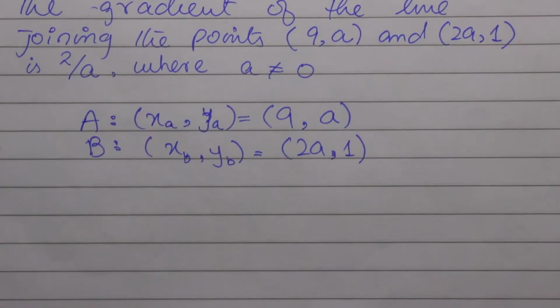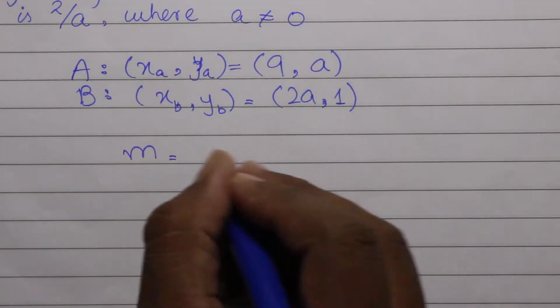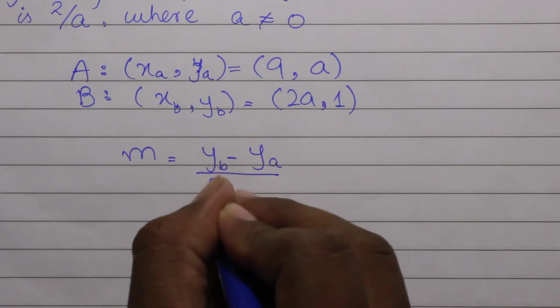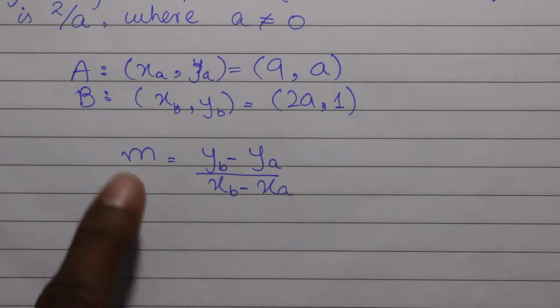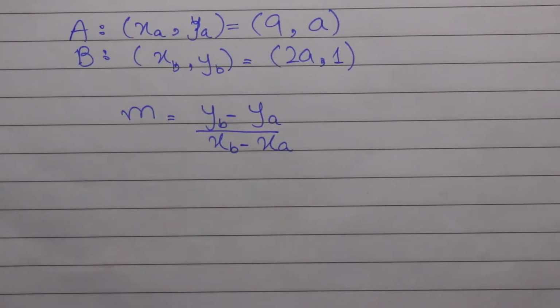Now we have a formula of gradient. We have to place the formula of gradient. This is m is equal to yb minus ya upon xb minus xa. In this question the gradient, the slope, is given, which is 2 upon a, and yb, ya, xb, xa are already given. So now I am going to replace the alphabets with the given values.